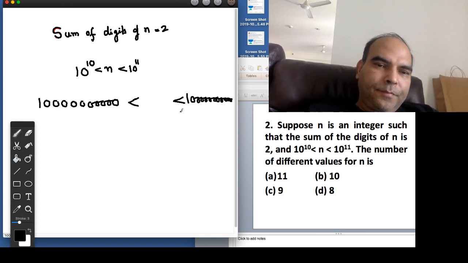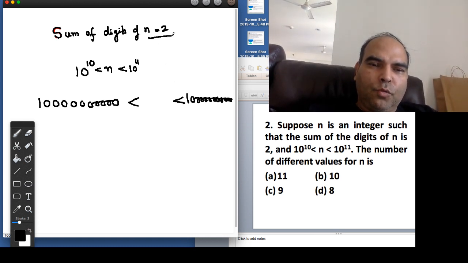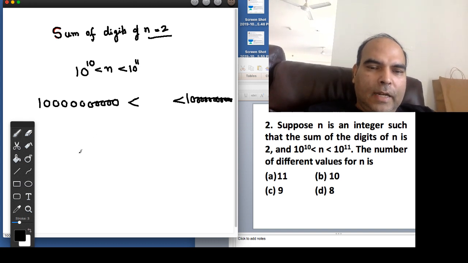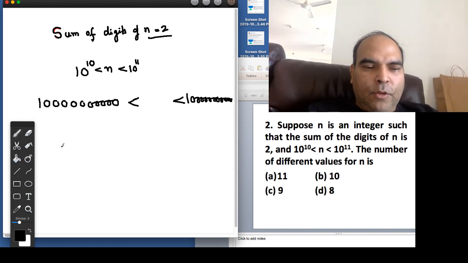So in this scenario, you can clearly see that if the sum of digits is 2, then I can create the sum of digits 2 by using 1.